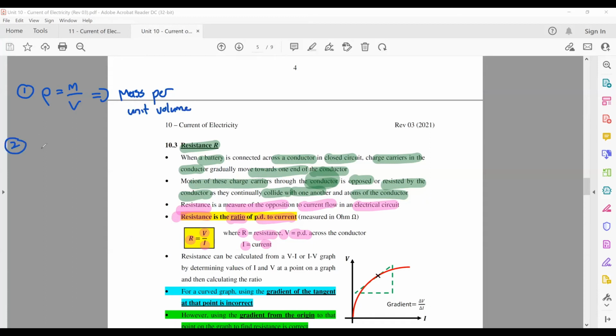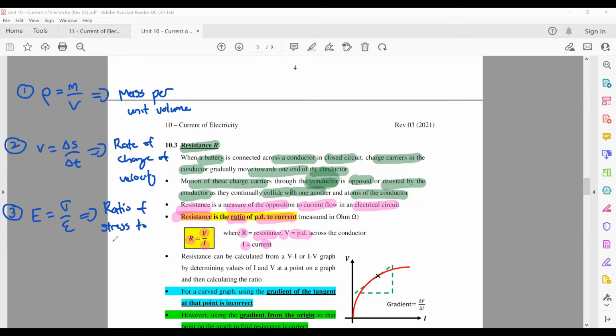Okay, now if I give you, say, velocity, you will tell me this is rate of change of velocity. Okay, then after that, if I give you Young's modulus, you will say this is the ratio of stress to strain. Okay, now notice the similarity in the equation form.